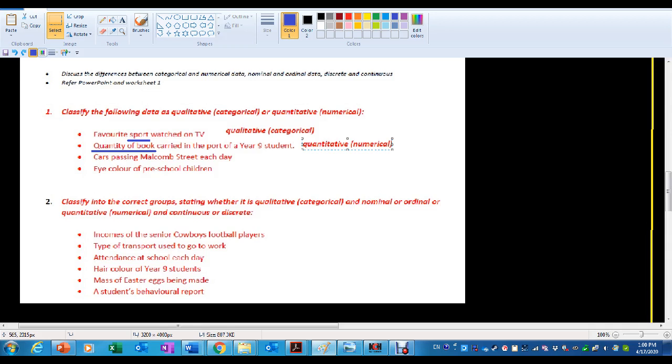For example, the maker or brand of the car, the types of car, whether they are sedans or four-wheel drives, and also the color of the cars. All these things are descriptions of the car, not the number of cars. So it should be qualitative.